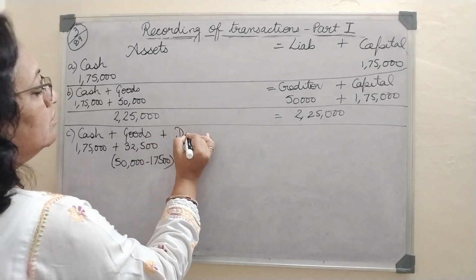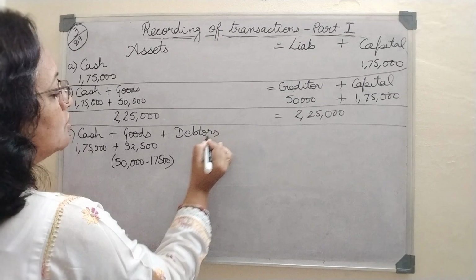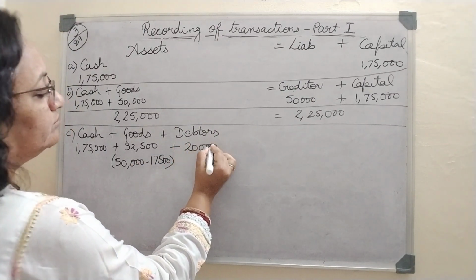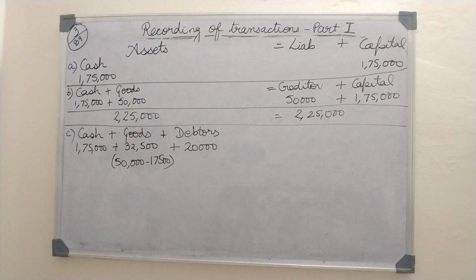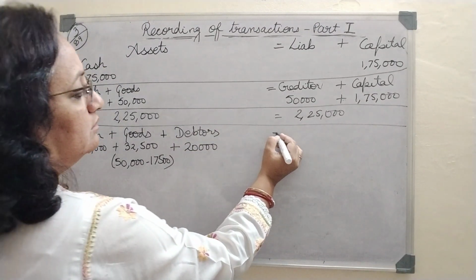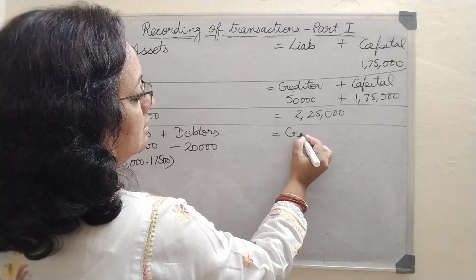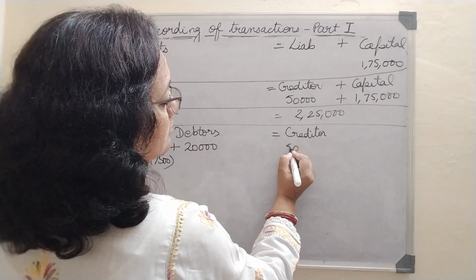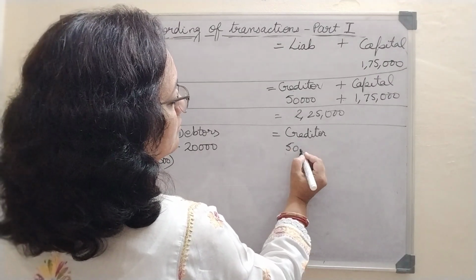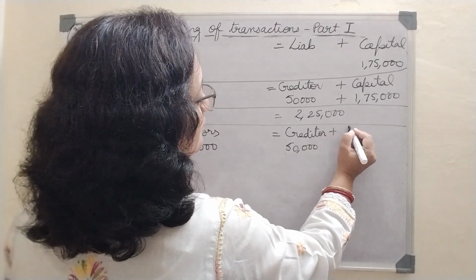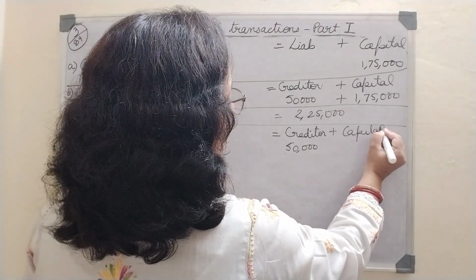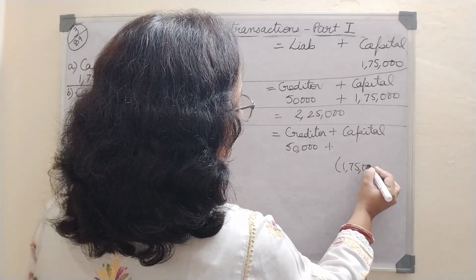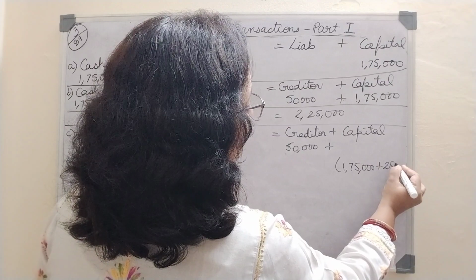And over here one more head will open, that of debtors. So how much do I have to take from the debtor? 20,000. Right? So this is the asset side. Now in the liability side, creditor remains the same, and in capital we are going to add the profit.